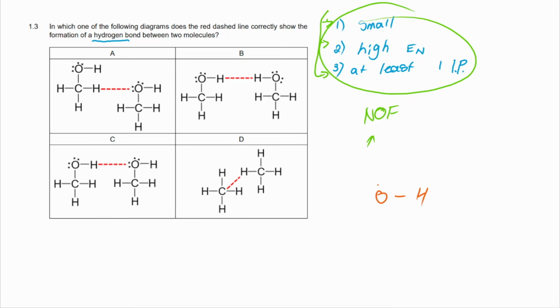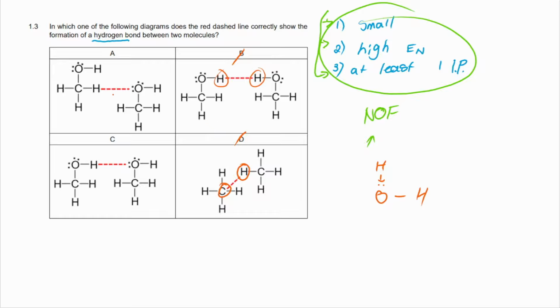Like for example, oxygen needs to have a lone pair that another hydrogen can be attracted to, not bond. So for example, we know it's not D, because hydrogen is not attracted to, well, it will be attracted, but this is not a hydrogen bond force of attraction, so it is not D. B, it is not that, because it's not when the hydrogens are attracted to each other.